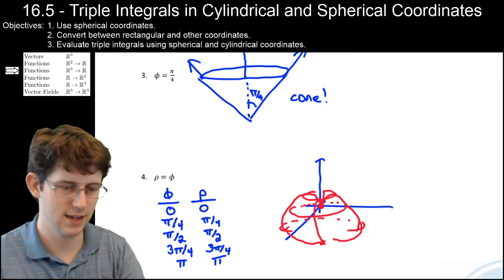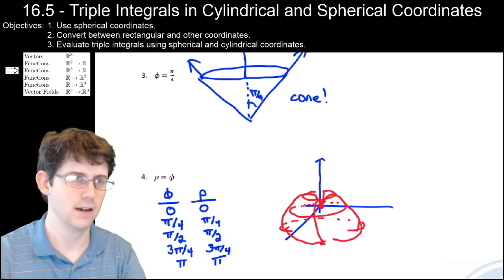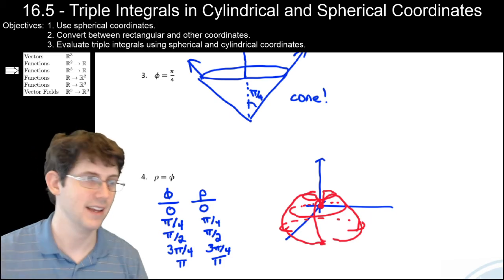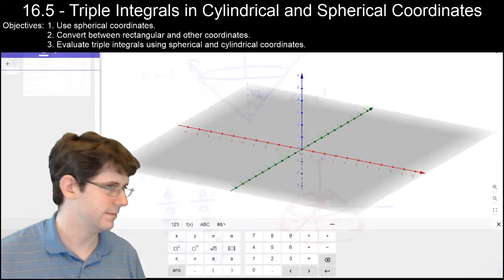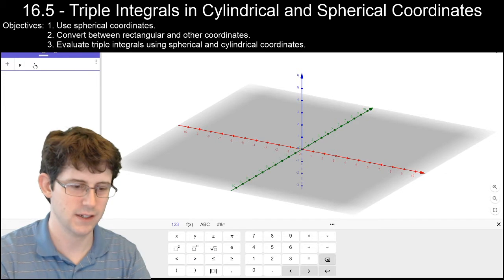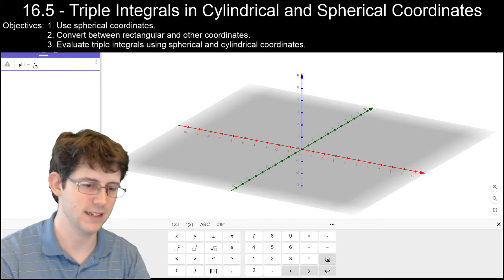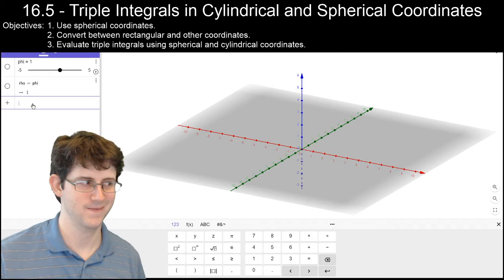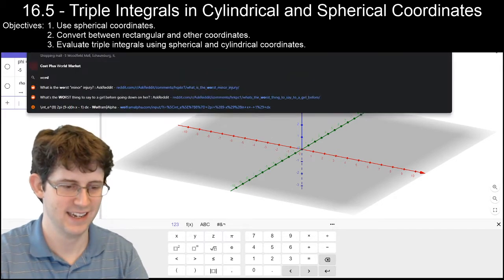I don't see it. Let's go to GeoGebra. Let's hope GeoGebra knows how to do this. Rho equals phi. It has no idea how to do that.